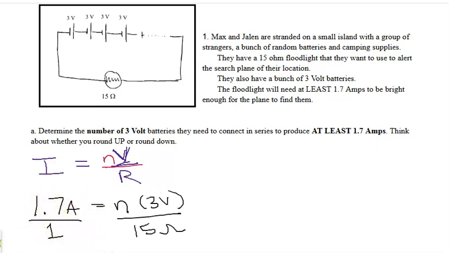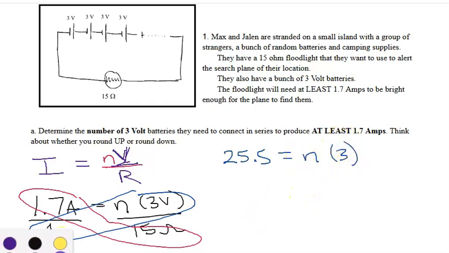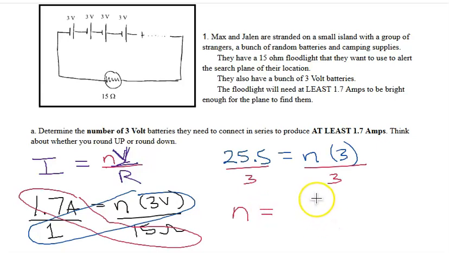I decided to put this over 1, and then we're going to cross multiply. So 1.7 times 15 is 25.5 equals N times 3. Then I'm going to divide both sides by 3, and the number of batteries you get is 8.5.